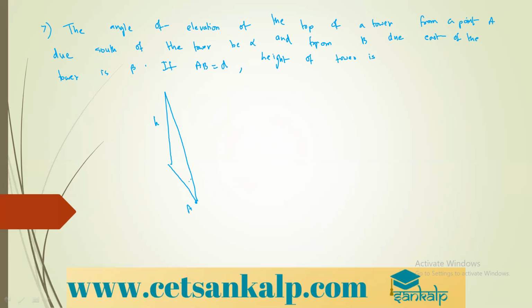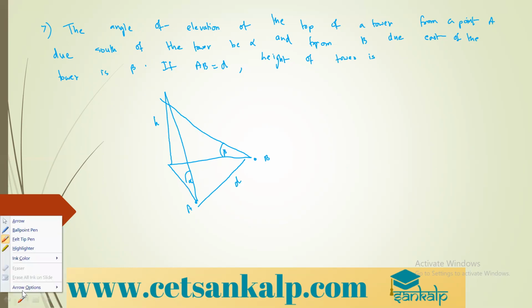The angle of elevation is alpha. And on the east, there is a point B. This is the ground level. From B, you are seeing the top of the tower again. This time, angle of elevation is beta. The distance AB is D. From all these, you have to find height of the tower.